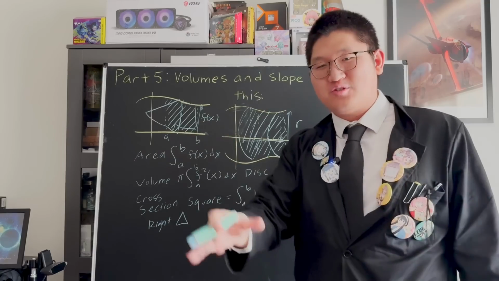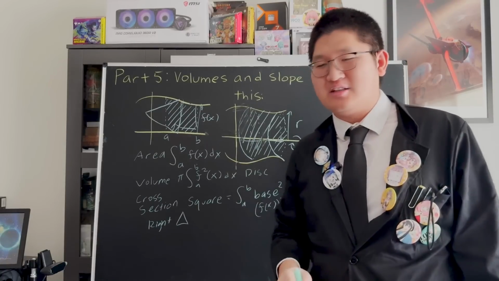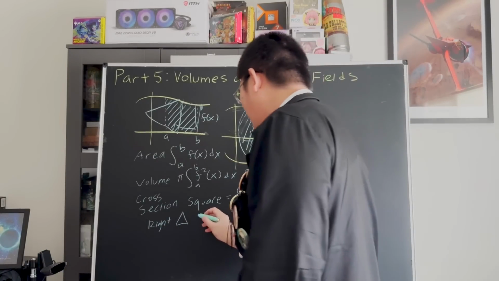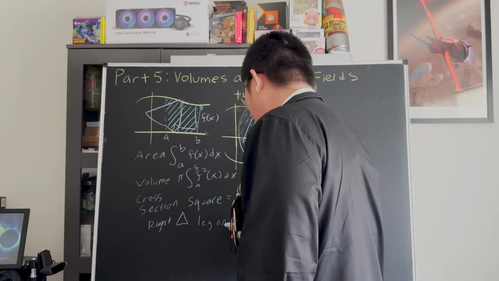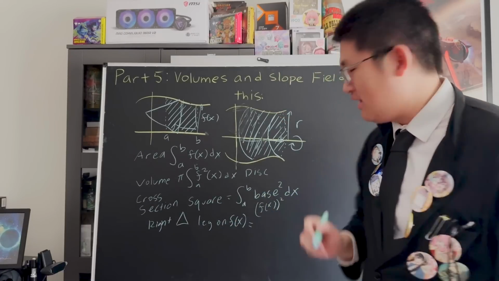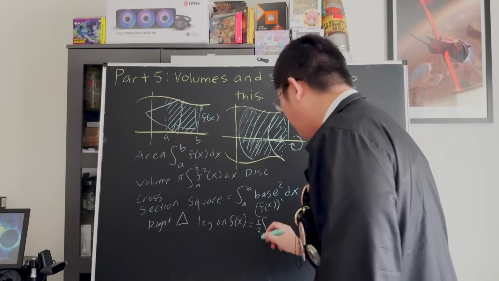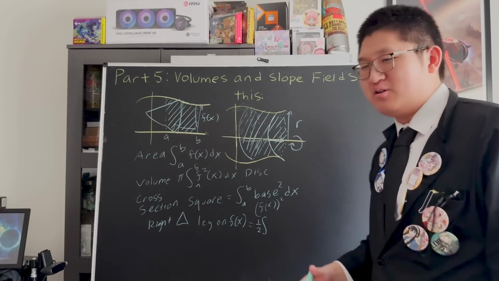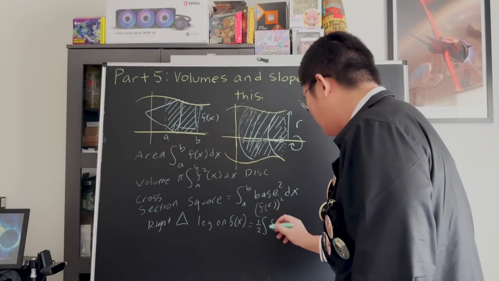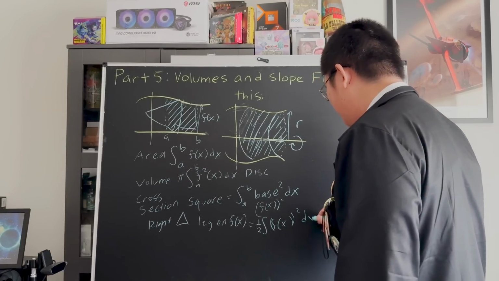Instead of doing one full square, we just do a right triangle with one of the legs being on the function itself. Well, if it was a right triangle with a leg on the function, then all we need to do is slap on a nice 1/2 coefficient, because a right triangle is 1/2 of a square, and we still go the same business of squaring the function again.